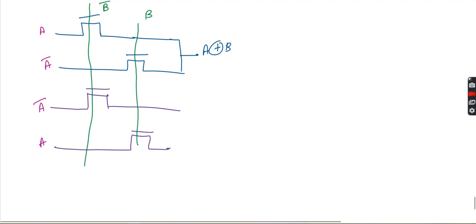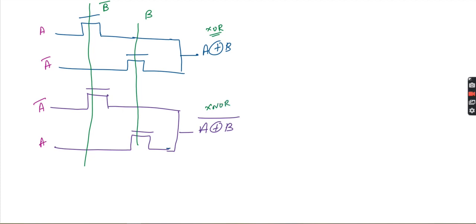This will be A exclusive OR B. So this is your XOR. This function is the XNOR function. It will give the output. These are the two examples of complementary pass transistor logic.